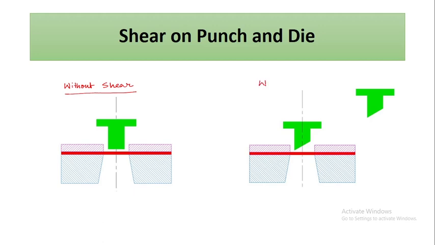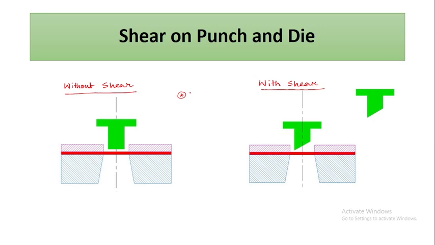And when shear is given on the punch, what is the amount of force required as well as the amount of energy required. If we provide shear on the surface of the punch, then the shearing force required can be reduced.